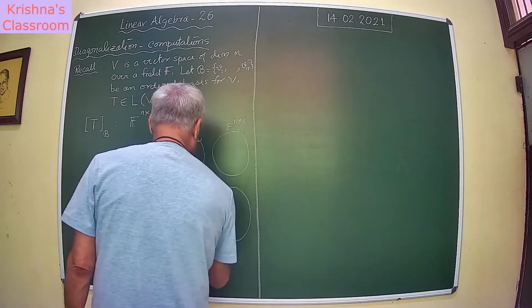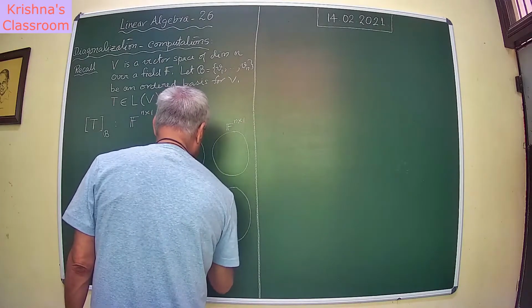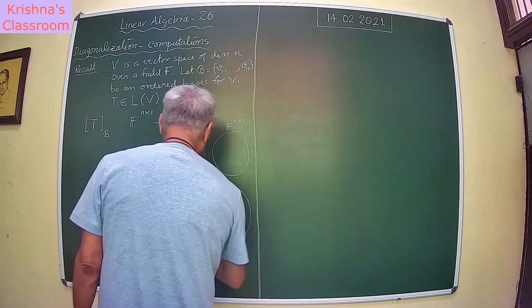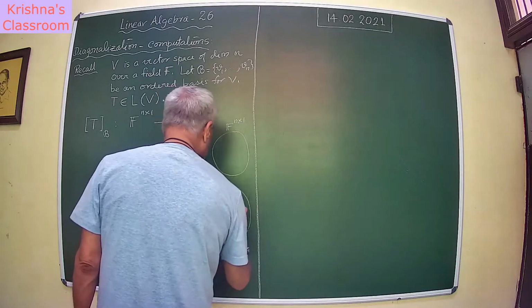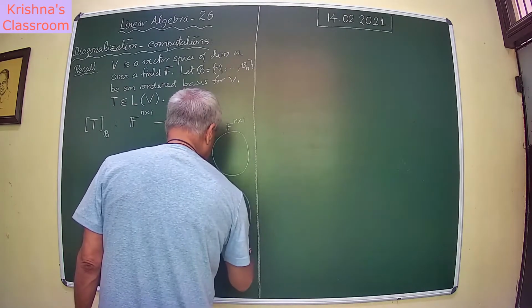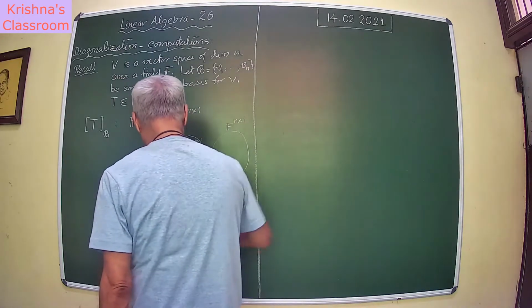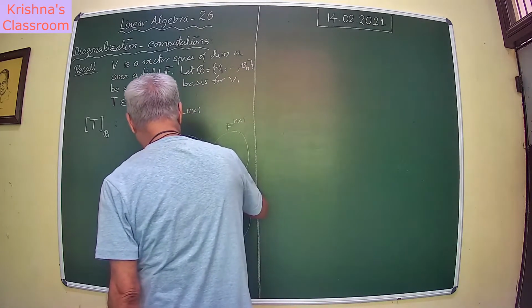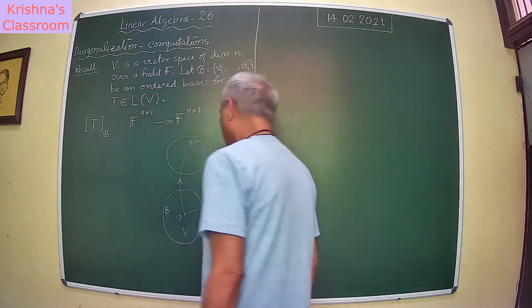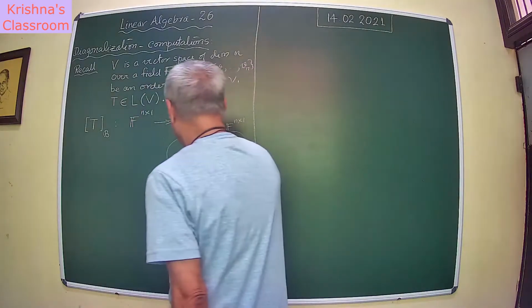So T is a linear transformation on V. And once we choose an ordered basis, it sets up an isomorphism from V to Fn cross 1.